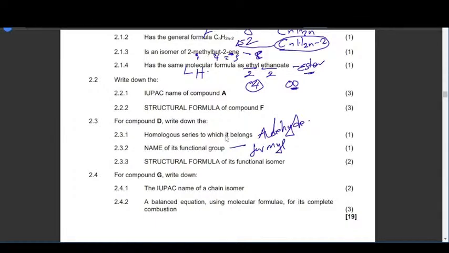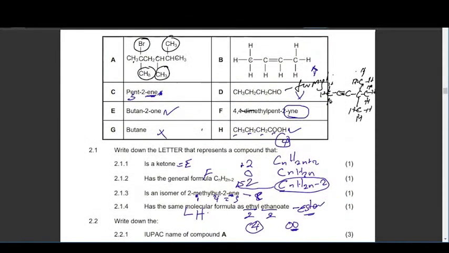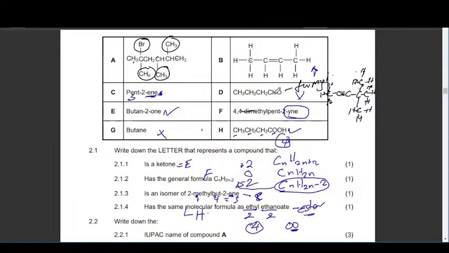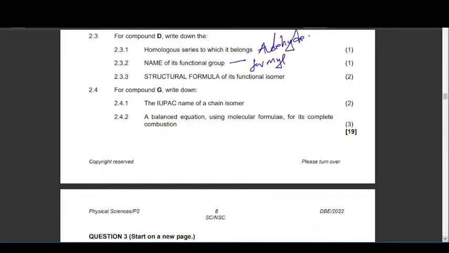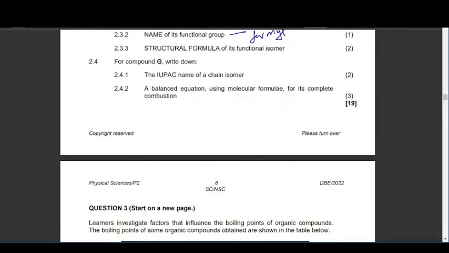Then 2.3.3 is going to be the structural formula of its functional isomer. So if this is an aldehyde, therefore it's going to become the ketone. We just have to put the structural formula, 1, 2, 3, 4.